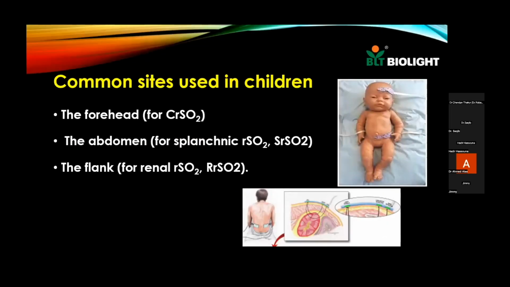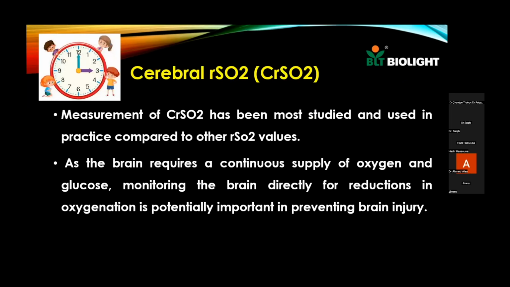We use common sites in children: the forehead for cerebral regional saturation, the abdomen for splanchnic saturation, and the flanks for renal regional saturation. Cerebral regional saturation has been the most studied in practice compared to the other sites because the brain, as you know, is a very important organ.